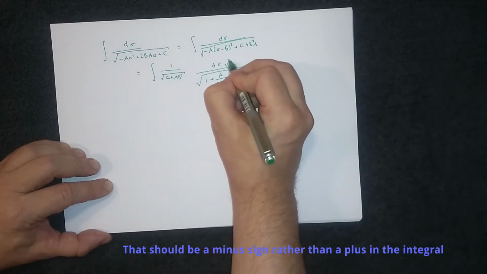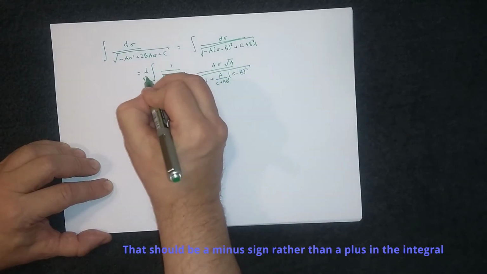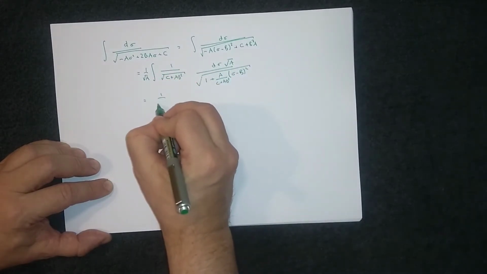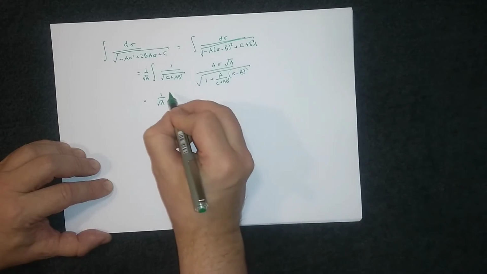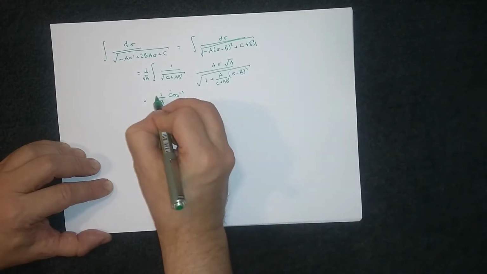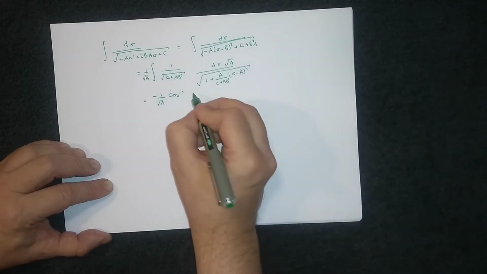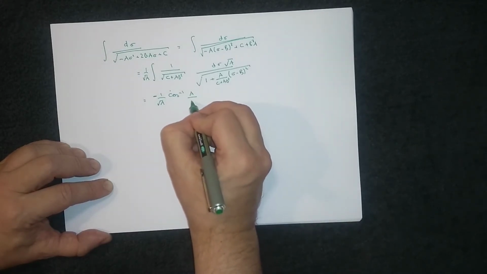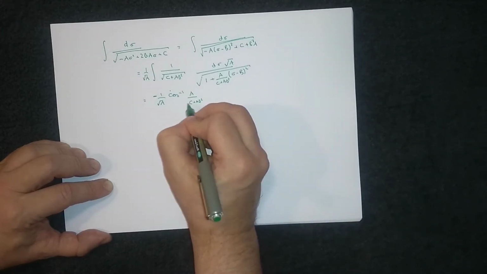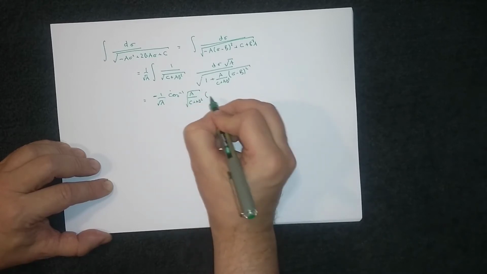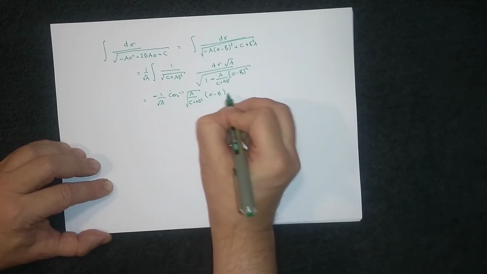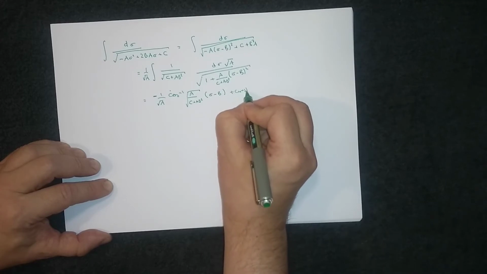Let's multiply by root a and divide by root a. So that's 1 over root a, and this is just the inverse cosh minus sine of a over c plus ab squared, square root times sigma minus b, plus a constant.